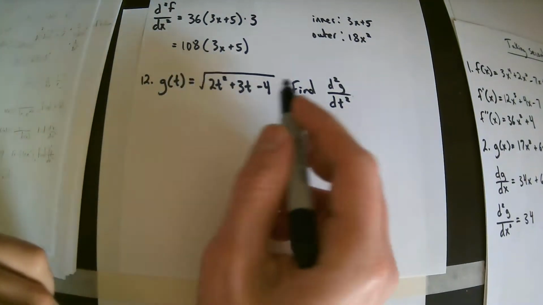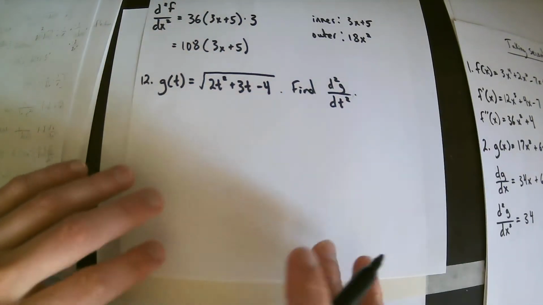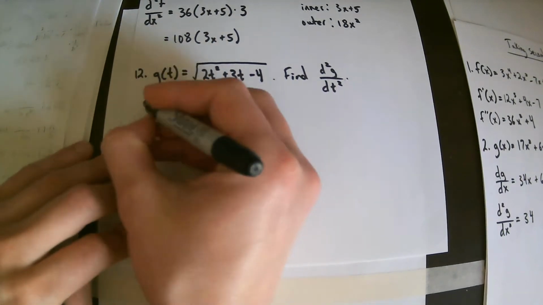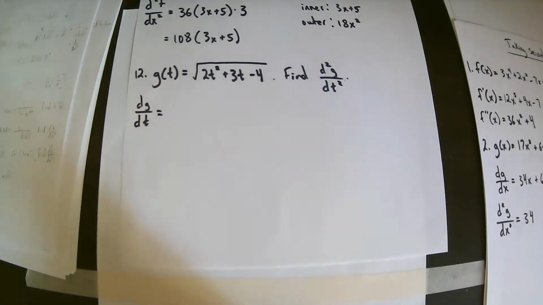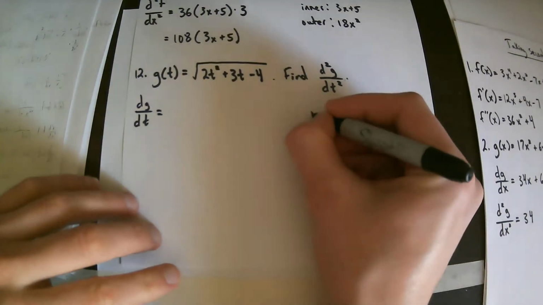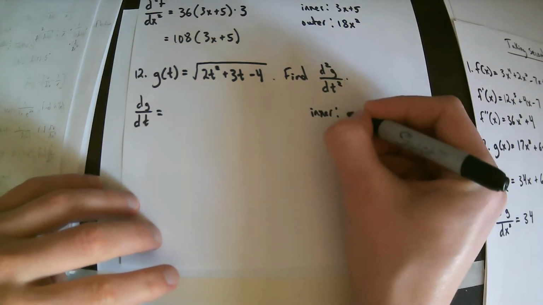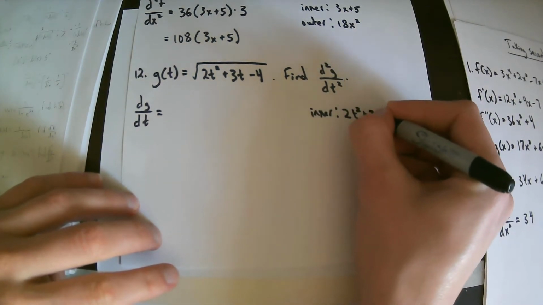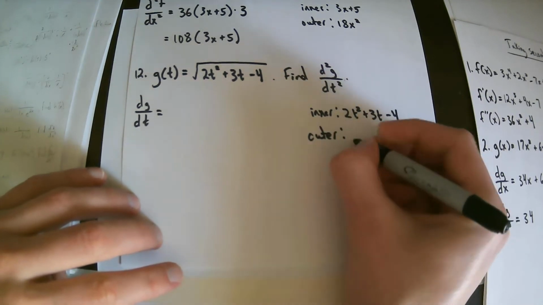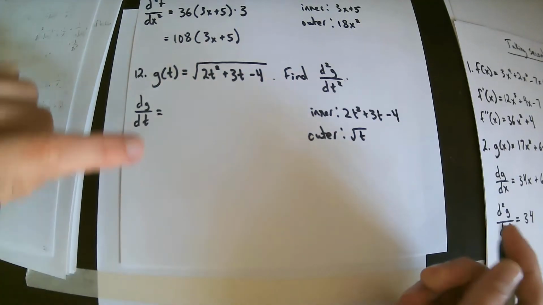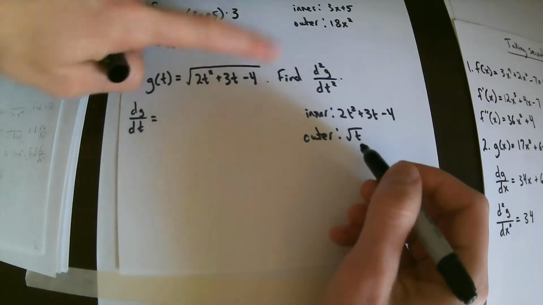So this time the input variable is t. First derivative, dg dt. I've definitely got an inner and outer function here. My inner function is that 2t squared plus 3t minus 4. My outer function is the square root of t, just replacing that entire inner function with t.